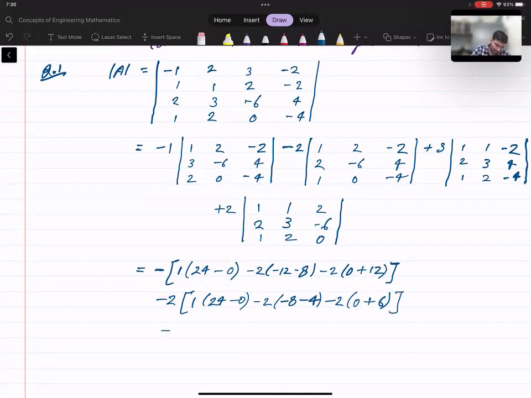Similarly, the third one, let me indicate here how we are taking the product so it becomes clear to understand. So we'll now take this one. So this is 1. Now we'll multiply it with its cofactor. We'll automatically consider the signs. Okay, so means we are alternating the signs as we are moving ahead.